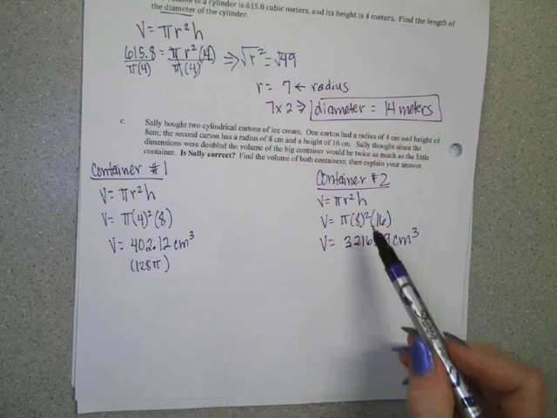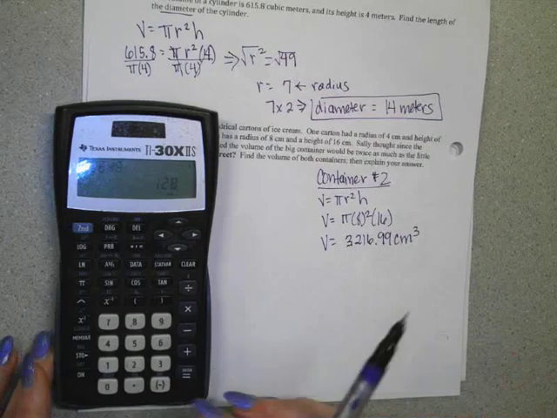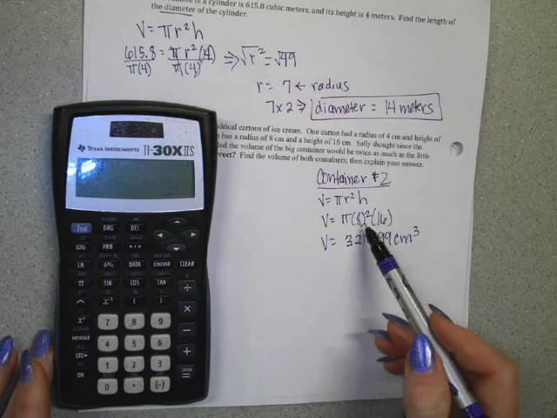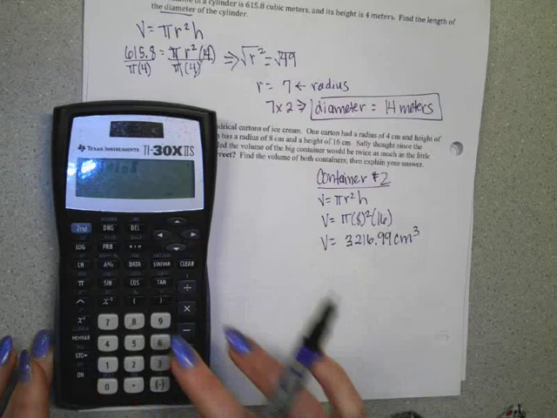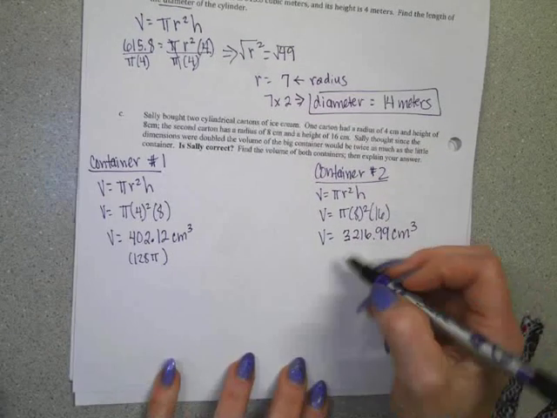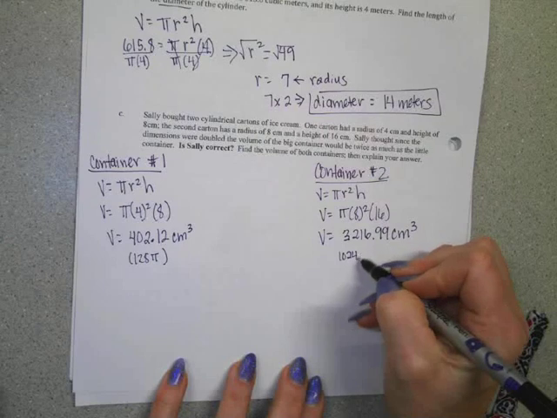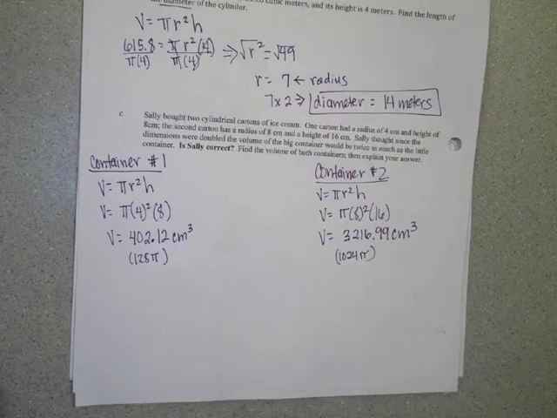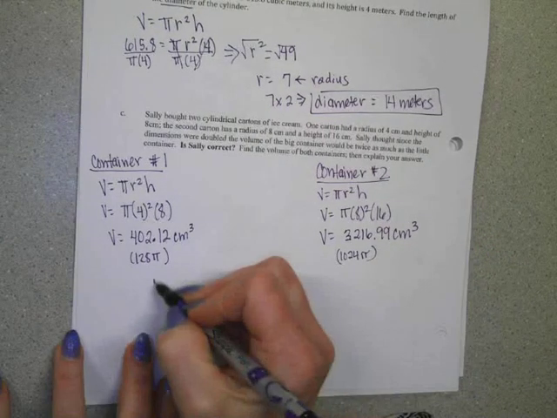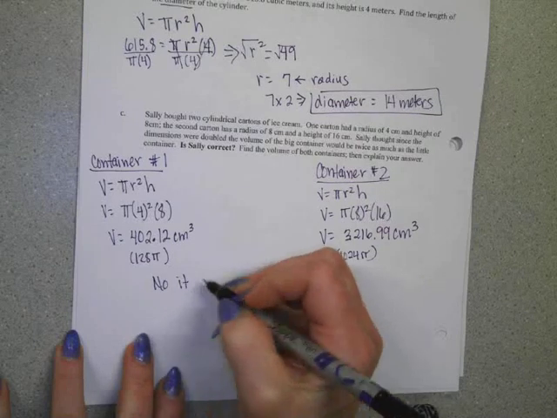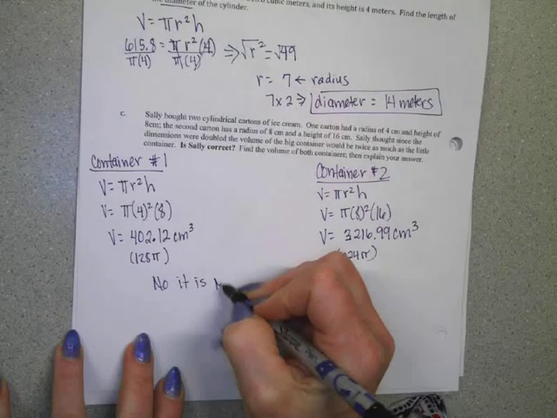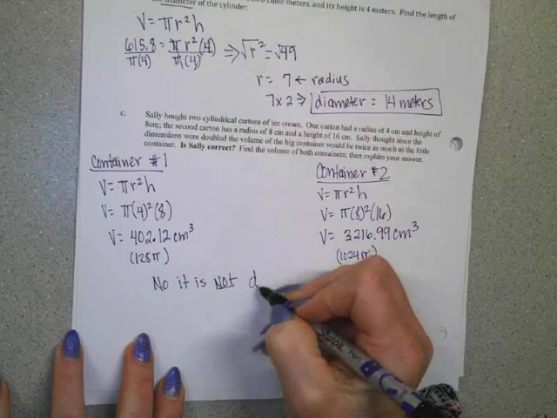Now, if I just take this for a minute and do the exact, and I have 64, because that's what 8 squared is, times 16, this is 1,024 pi. So we know for sure that it's not. No, it is not doubled. What is it then?